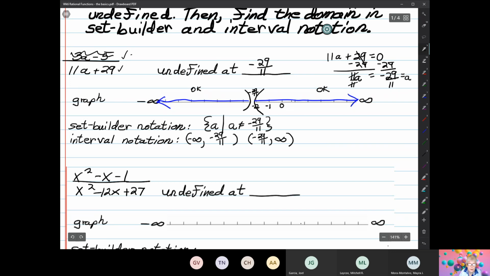So I have these two intervals that are going to be stuck together with a U. They're going to be united with a U, which is what the U stands for. This U stands for union, which means it's going to stick two intervals or two sets together. It's like glue, almost.